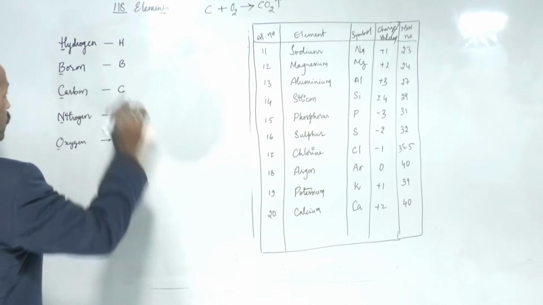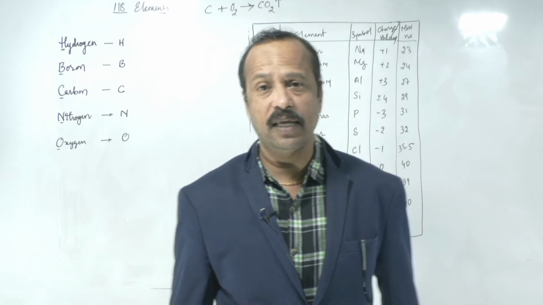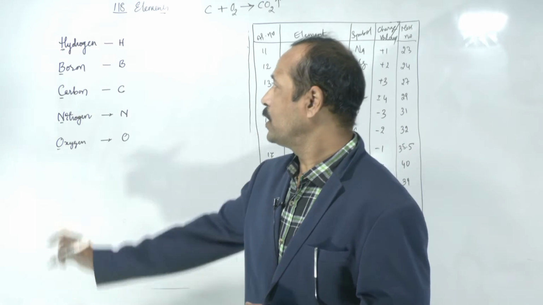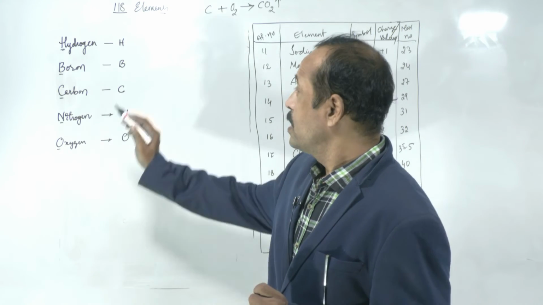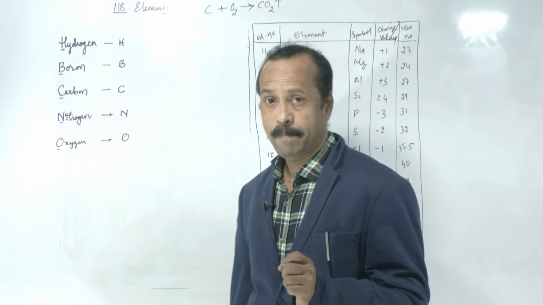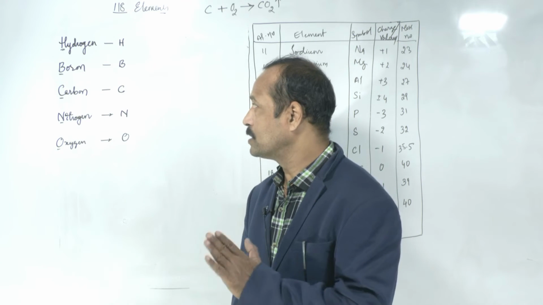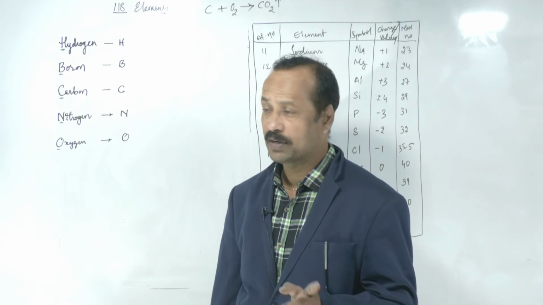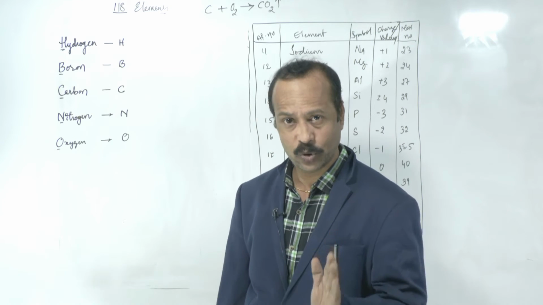So most of the symbols of the elements can be represented by their first letter, right? Hydrogen starts with H, so the symbol is H. Boron starts with B. Carbon starts with C. Nitrogen starts with N. Oxygen starts with O, so the symbol is given as O, right?